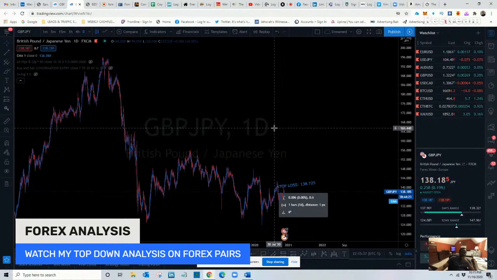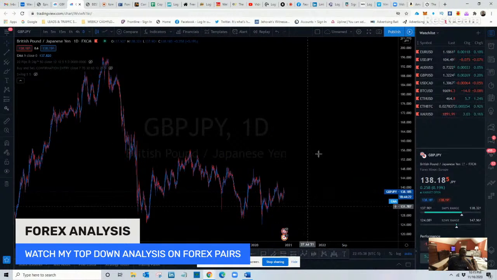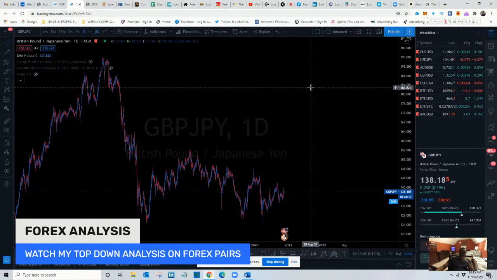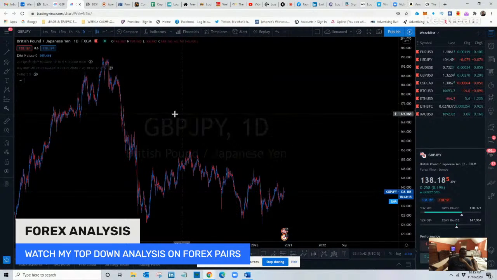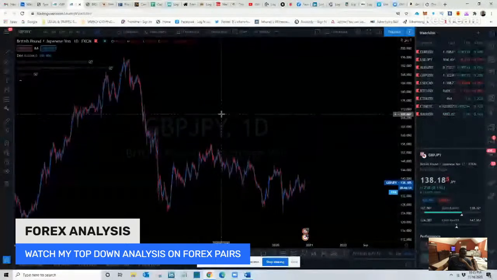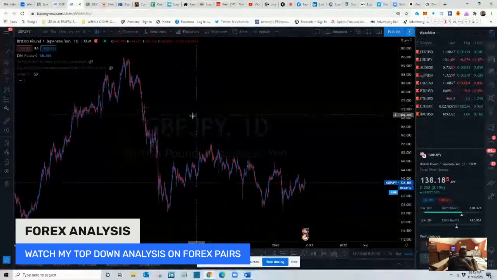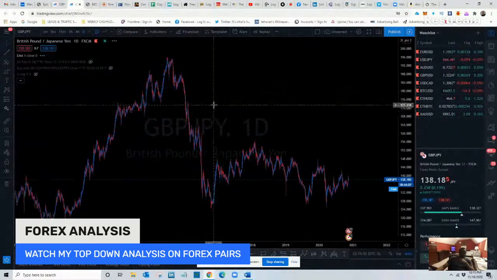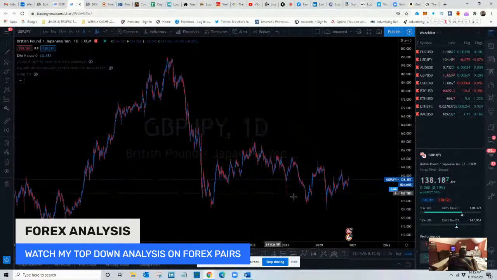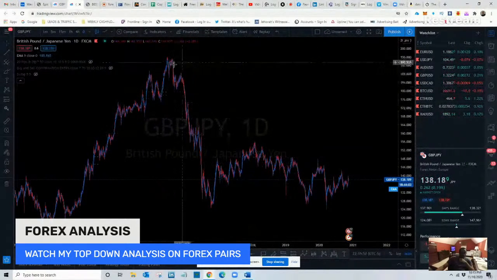frame. It's good to start on the daily because if you are a day trader or a swing trader, you're going to want to know exactly where the market is headed within a day or a couple of days. You don't want to be caught in the wrong trend, because if you get caught in the wrong trend, you will lose money.